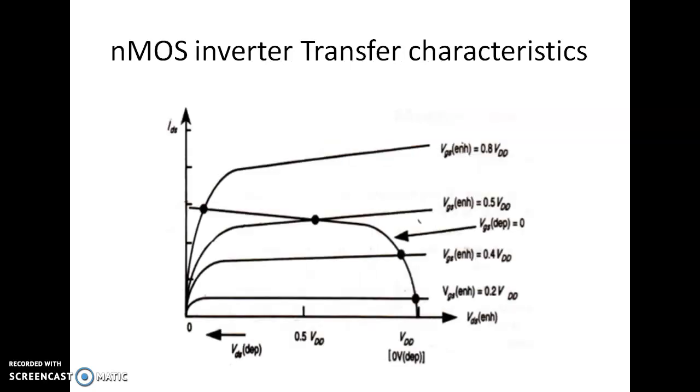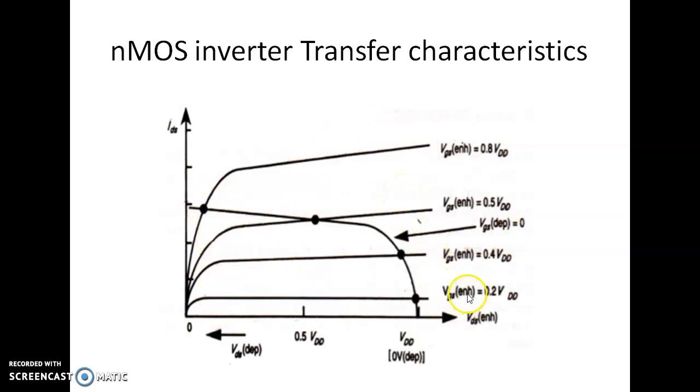I will show the curve. So this is the VGS equal to 0 depletion MOSFET characteristic curve. And these are all the family of enhancement MOSFET curves.